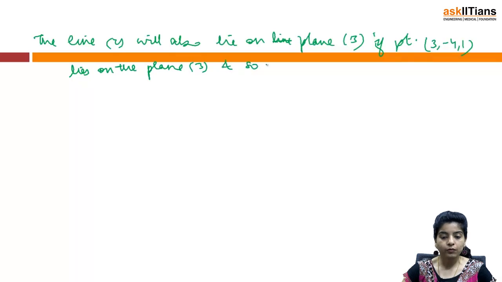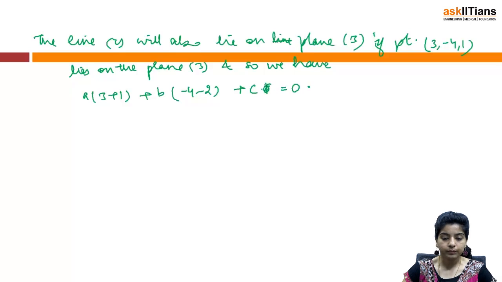So we have a into 3 plus 1 plus b into minus 4 minus 2 plus c is equal to 0, right? So this gives me 4a minus 6b plus c is 0.